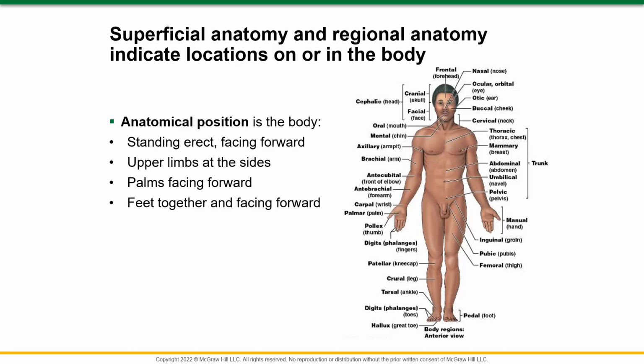And any positional word that we use after this point uses this as the absolute gold standard reference. All right. So anything we're looking at here on the body, we're going to refer to it, this will be the left side, this will be the right side.